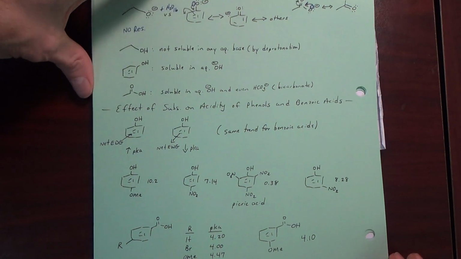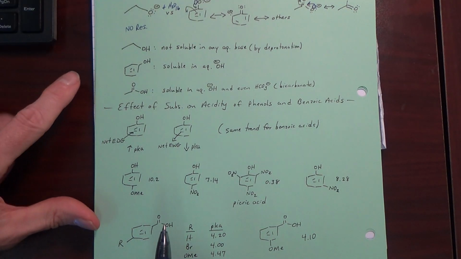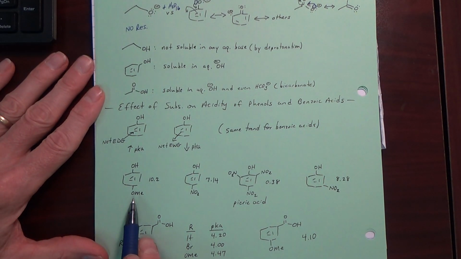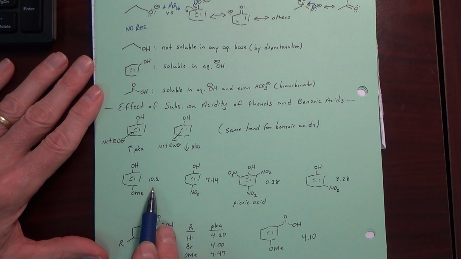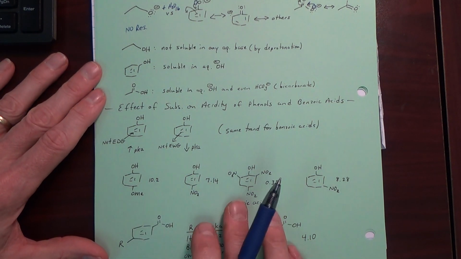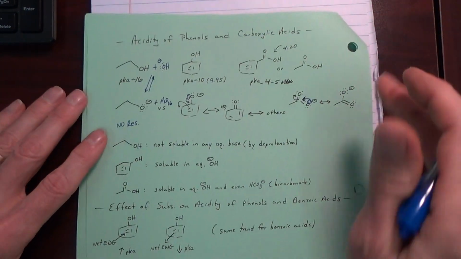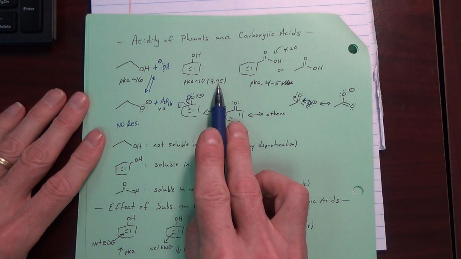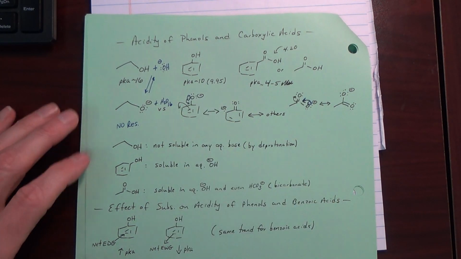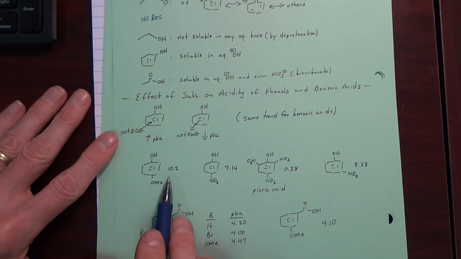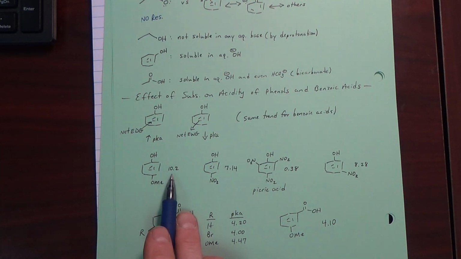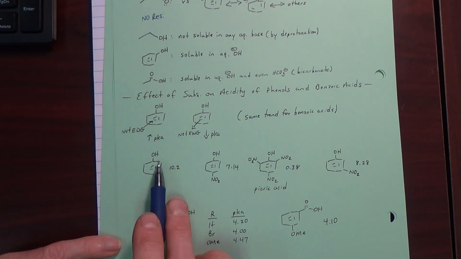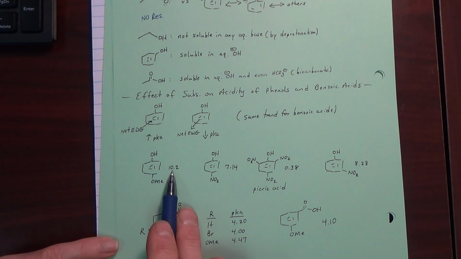Let's look at some examples of this. If you put a methoxy group para to the OH, the pKa goes from 9.95 with no group to 10.2. The methoxy has made the phenol less acidic.